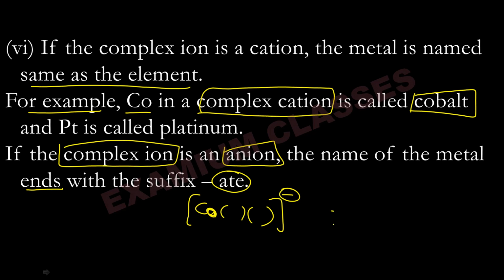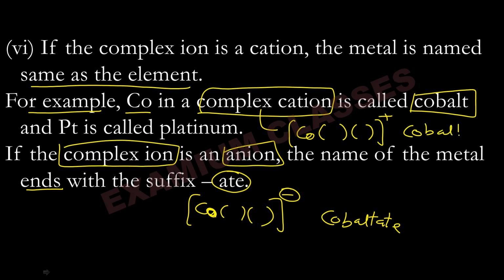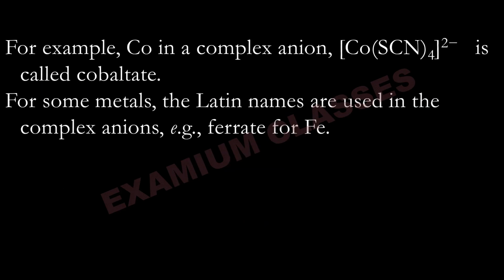And if it is Co with some ligands and it is positive, then it will be cobalt, and obviously the oxidation state. Clear? So for example, in this one, because it is an anion, this will be named as cobaltate.